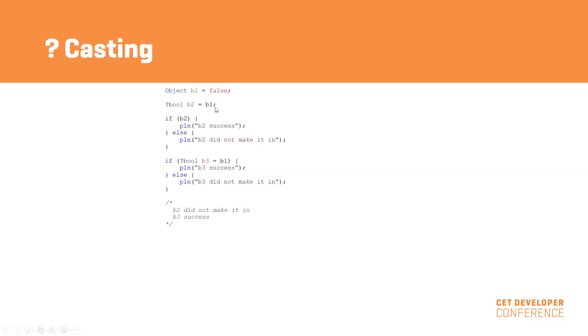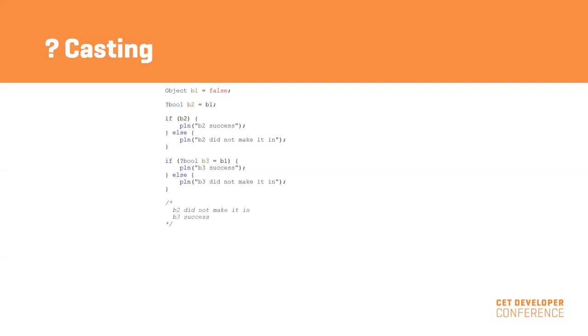Here, B1 can successfully cast, it will be false, so B2 will equal false. So if I pass B2 in here, B2 will be evaluated, which is false, so therefore it did not make it into B2. It will be in the else.